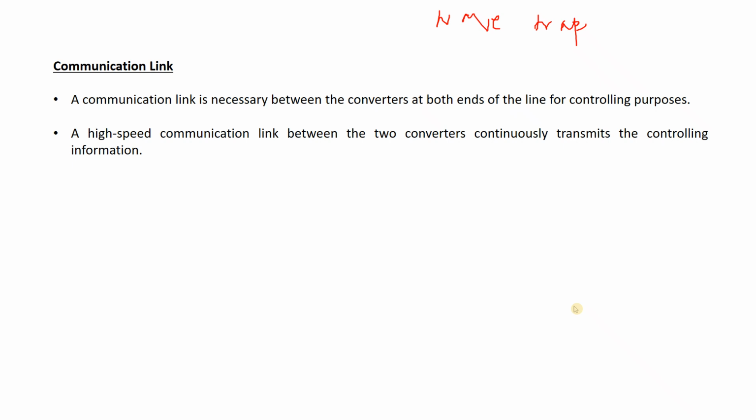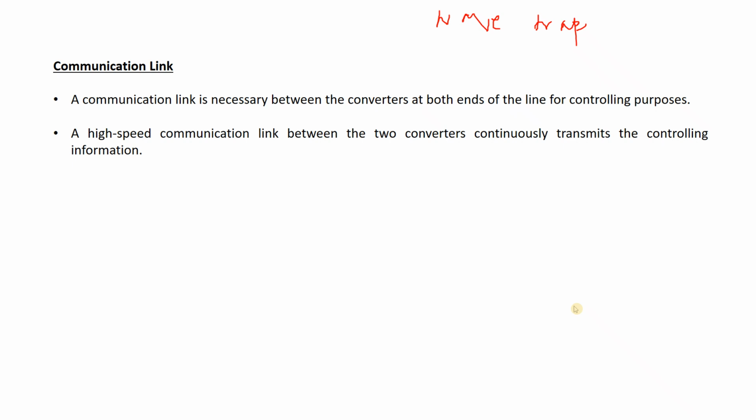In HVDC also communications are used, but in a different way. They are used in the form of a communication link. This high speed communication link between the converters continuously transmits the controlling information. In those cases, HVDC transmission cannot be used as a carrier, because HVDC does not carry any frequency.